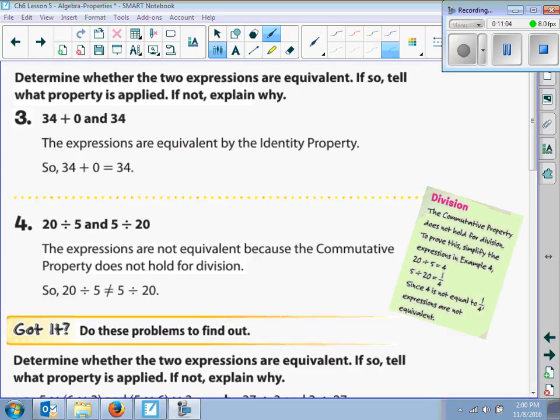How does it stay equivalent? What did I add here? I added 0, okay? So because I'm adding 0, that is the identity property of addition. Very good. So they are equivalent, by the identity property of addition. I want you to make sure you write of addition.